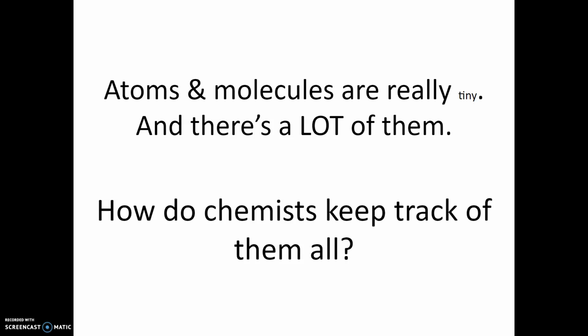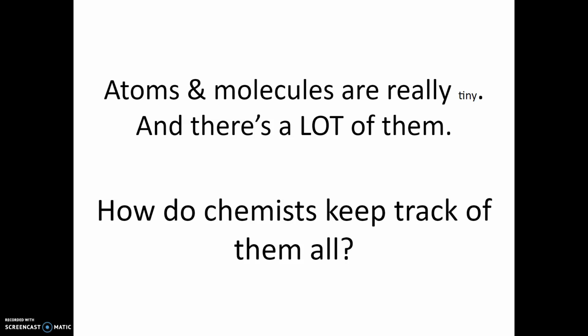So to start off, this next section of our unit, now that we are master factor labelers, we're going to start talking about how we keep track of stuff in chemistry. Atoms and molecules are really, really tiny, and there's a whole lot of them.